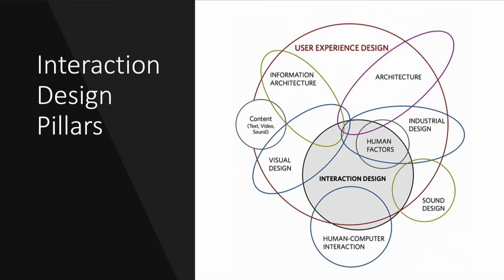And I think, of course, that user experience design is the overarching pillar, if you will, because it drives the front line experience that users have. And the interaction design is sort of a subset, but that makes it no less important.